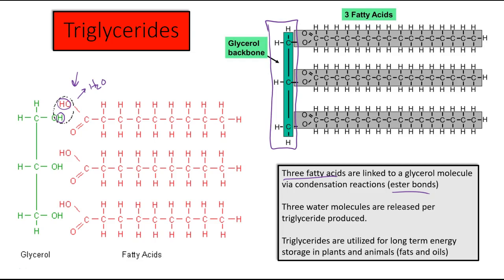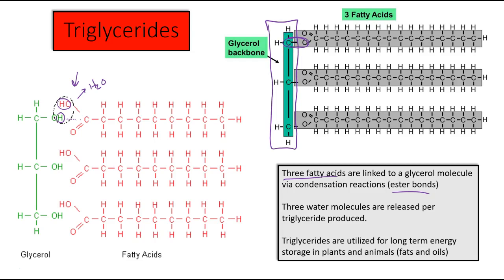It's a type of anabolic reaction, and because we remove H2O, this no longer exists on this carboxyl, and so this carbon is going to create a bond with the oxygen, which you're going to see right here. There's the carbon to oxygen bond. That's what's holding the fatty acid to the glycerol.